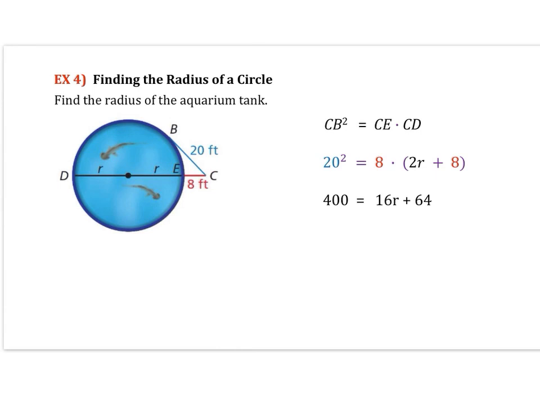We get 400 equals 16r plus 64, resulting in r equaling 21. So our radius is r equals 21. So that makes our radius of the tank 21 feet. Since we're dealing with a real world scenario, make sure you include your units.